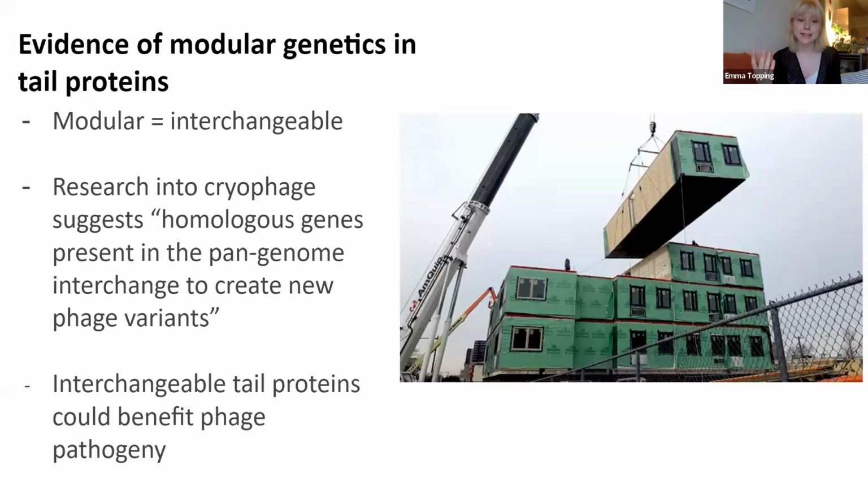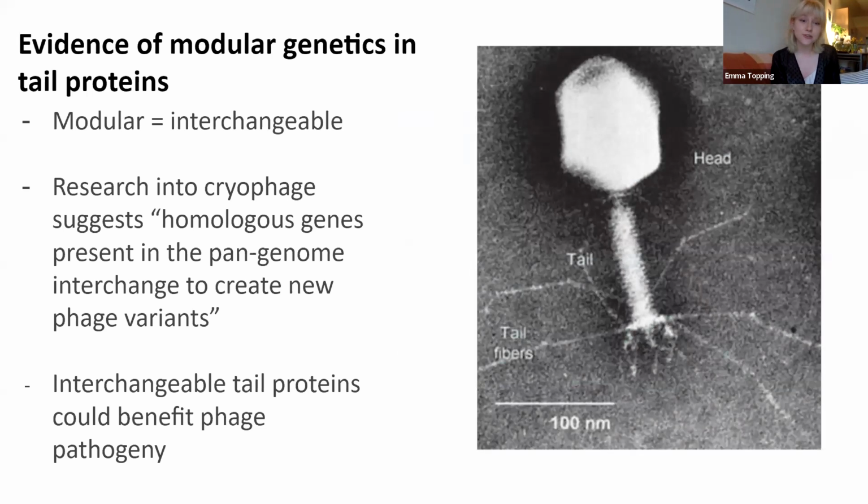And we were looking at a study that was looking into cryophage, which are phage that live at the very bottom of the ocean, very cold places. And they found a couple of different homologous genes that they believe are interchangeable. And one of these was the tail protein, which is where we saw our own inversions. So this is just interesting research that proposes that these inversions could mean something greater for phage genetics and genetics in general.